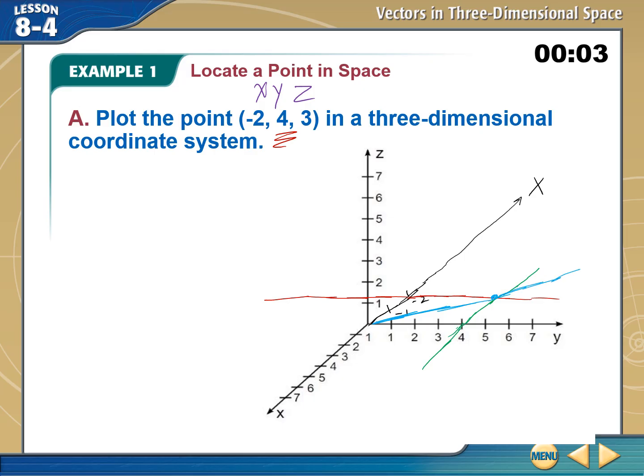Okay. Now, on the z-axis, point out the z point, that is 3. Right? This point should be parallel to the origin line, the line that is coming from the origin.